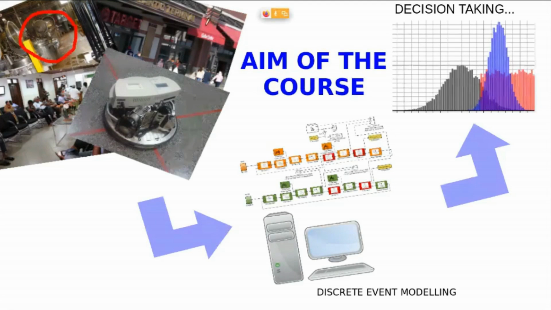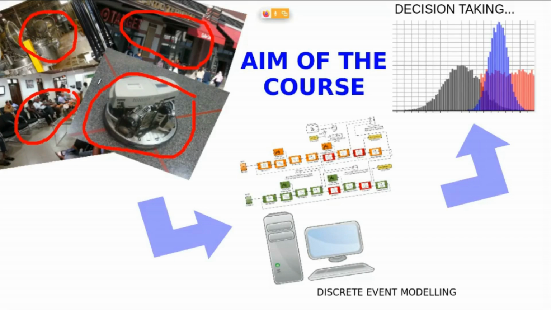We will consider, for example, the assistants in a shop. So we have customers, we have the customer's assistants, and so on. Here we have the emergency stage at a hospital, and here we have a mobile robot application.